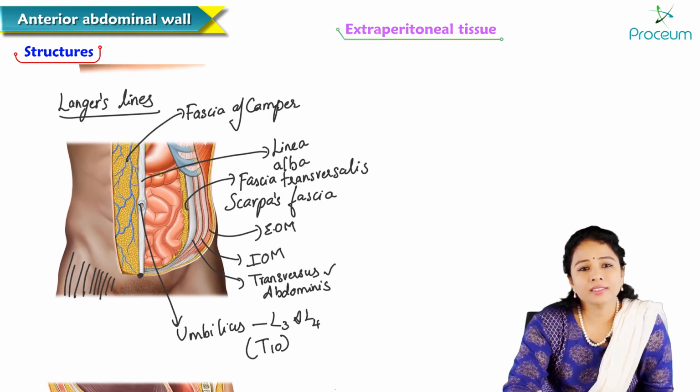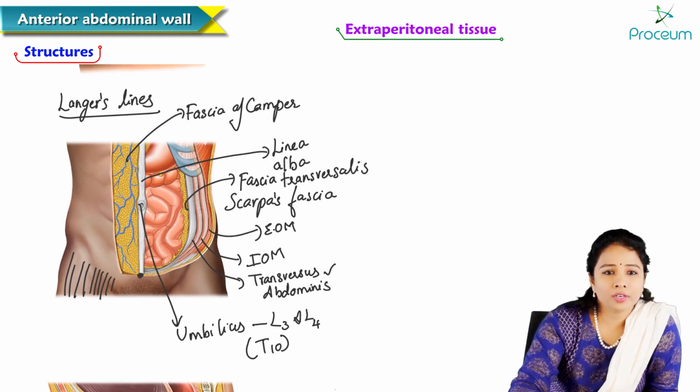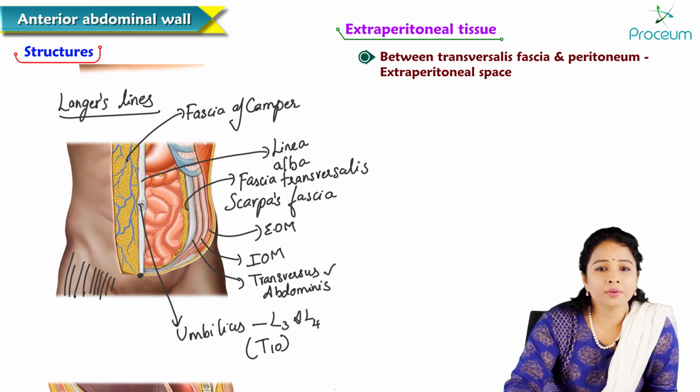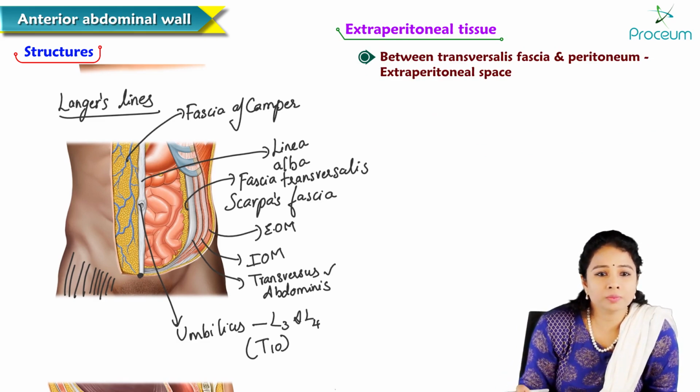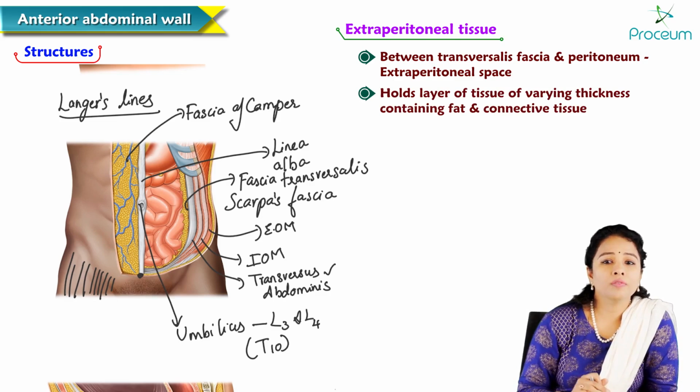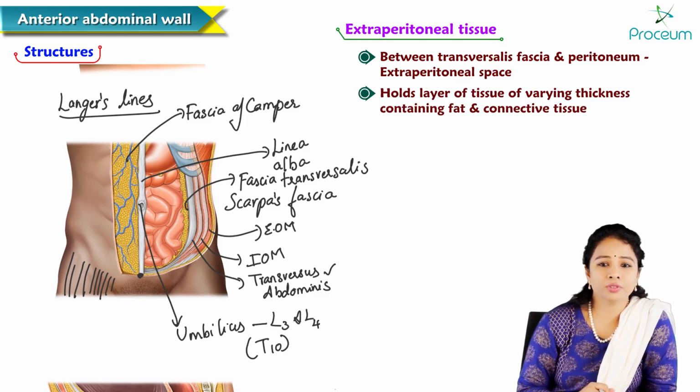The next layer is the extraperitoneal tissue or layer. Between the transversalis fascia and the peritoneum is the extraperitoneal space, and it holds a layer of tissue of varying thickness that contains fat and connective tissue.